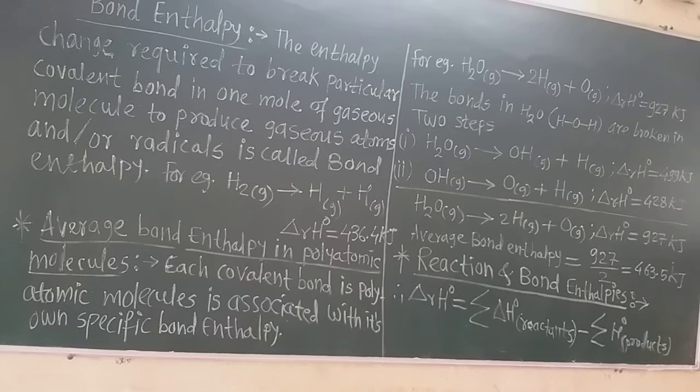Now how is the average bond enthalpy calculated? Let us learn by taking the example of the water molecule. Though two or more bonds are similar, their bond enthalpies are different. So by adding all the bond enthalpies and dividing by the total number of bonds, we can calculate the average bond enthalpy.